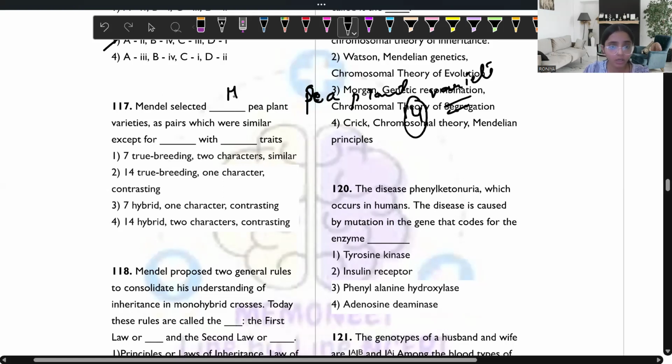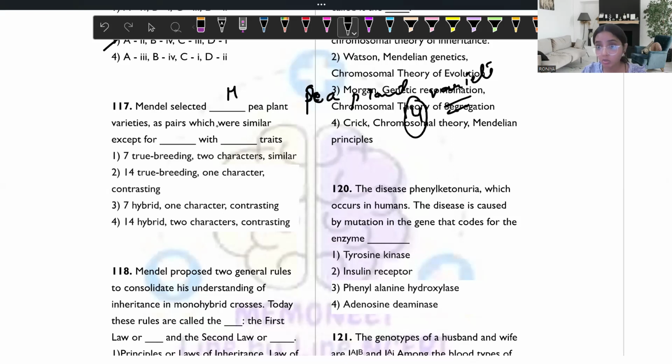So here we'll write 14. Pea plant varieties as pairs which were similar. So all the 14 pea plant varieties were present in pairs which were similar except for one pair which had contrasting traits. The answer would be option 2.